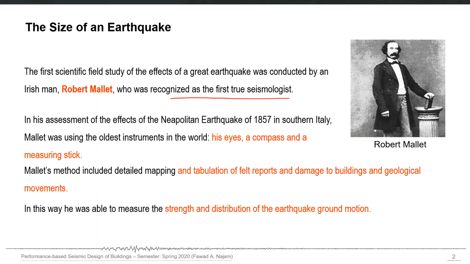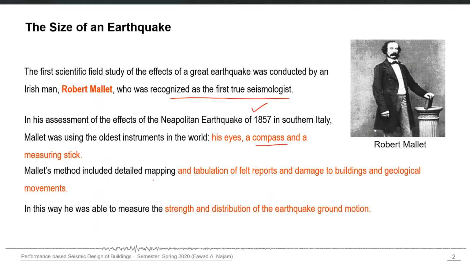In his assessment of the effects of an earthquake in southern Italy, he was using the oldest instruments in the world, which means his own observations, his eyes, a compass, and a measuring stick. With these oldest instruments, he was able to come up with a very efficient way of estimating the size of an earthquake.